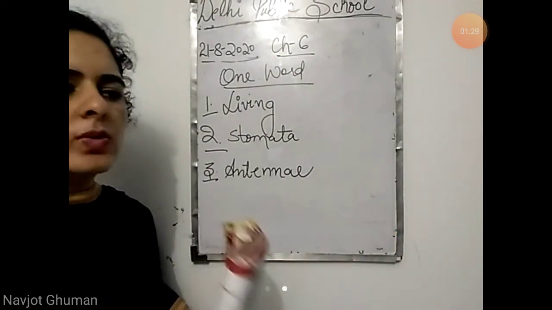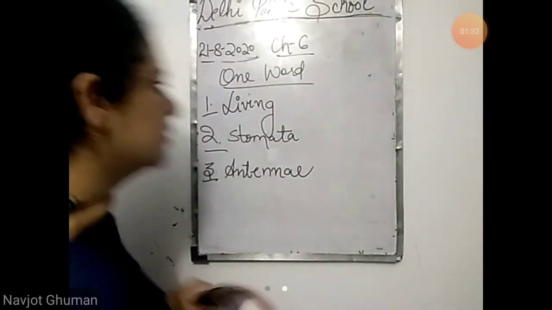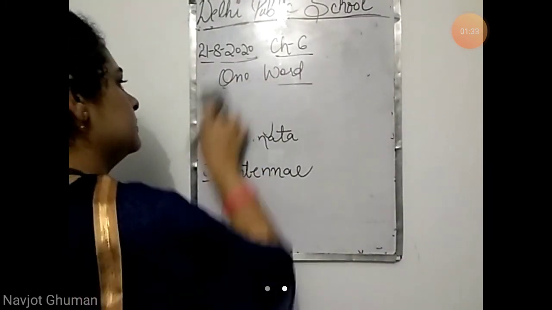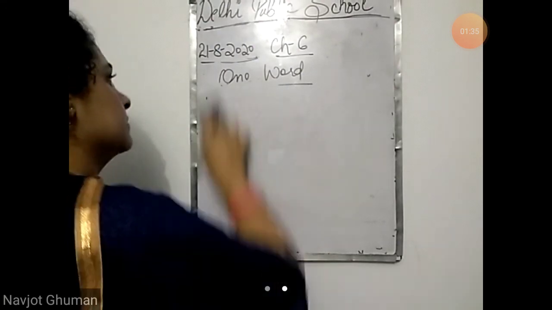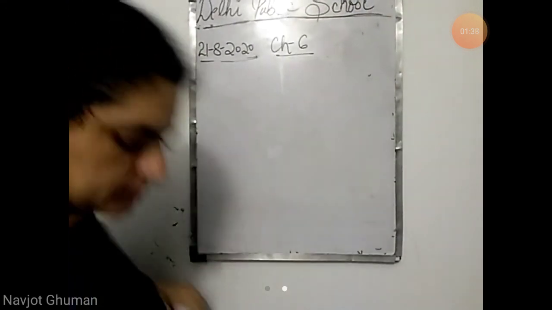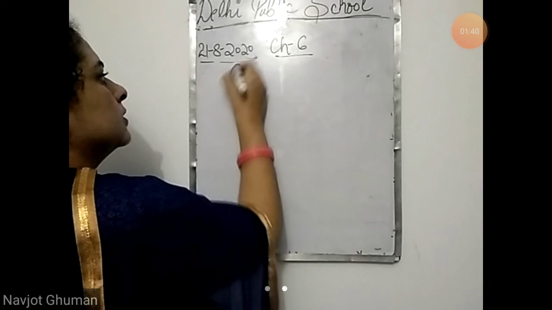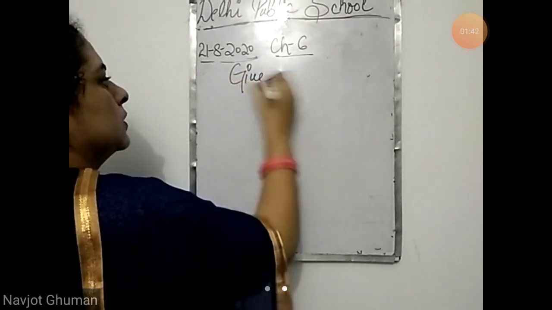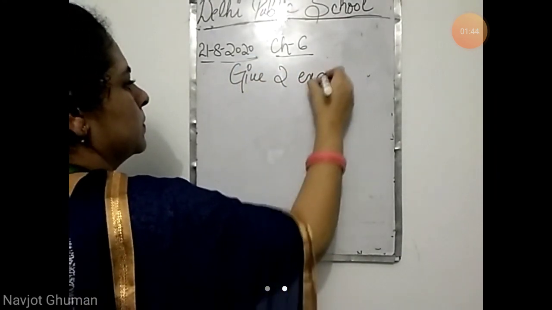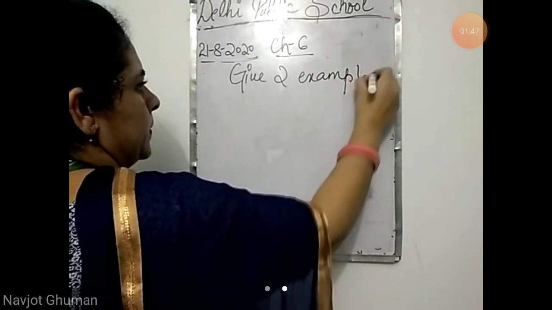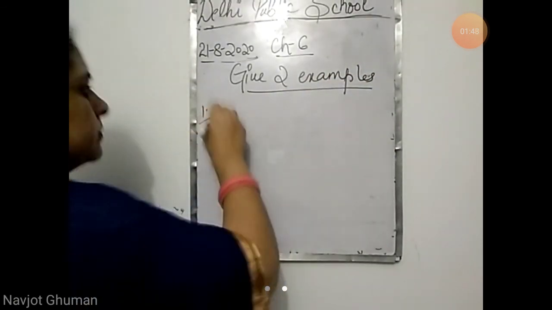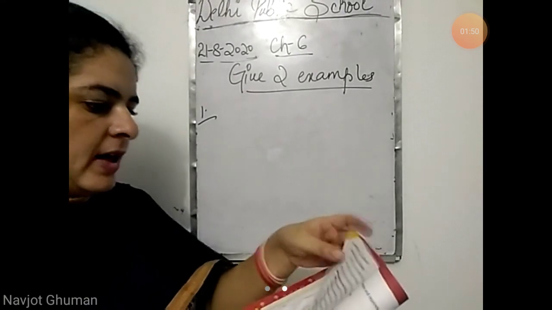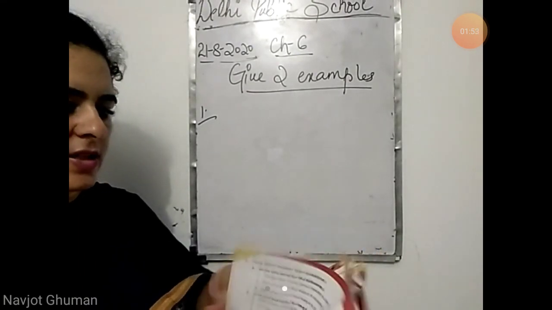We have to write two examples for the questions given. First one is how plants respond to changes around them.